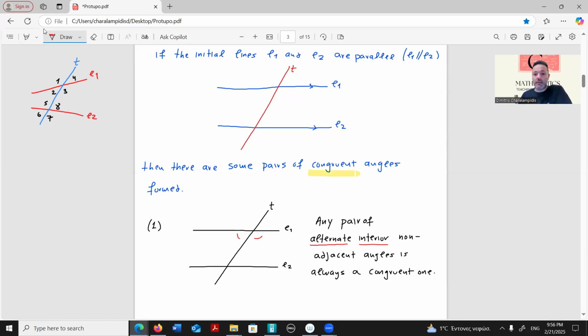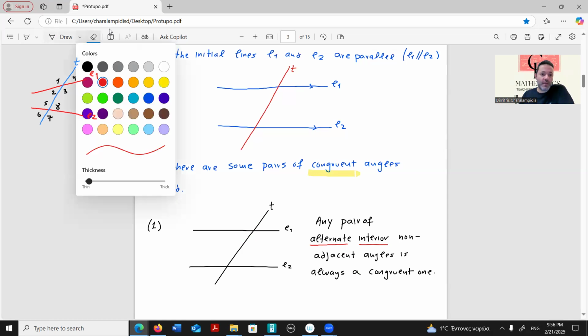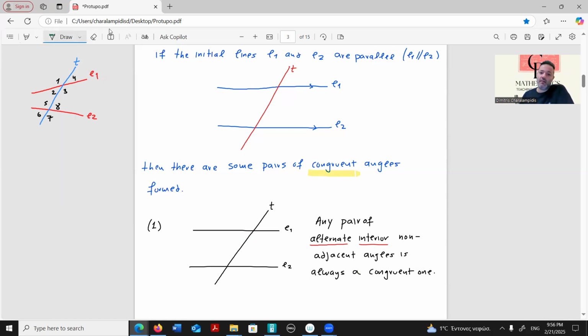They are alternate interior, but they are not non-adjacent, because the definition I just wrote contains three key terms: alternate, interior, non-adjacent.